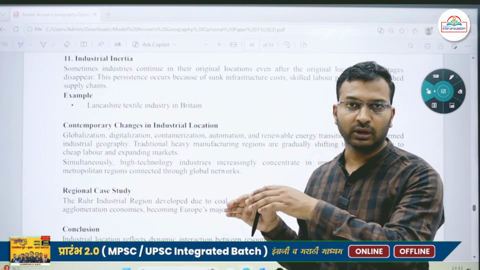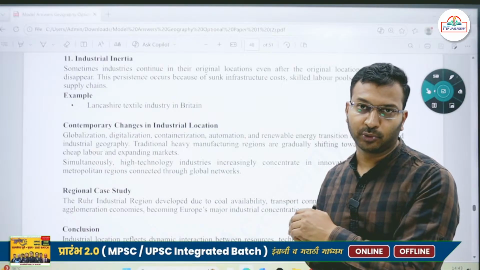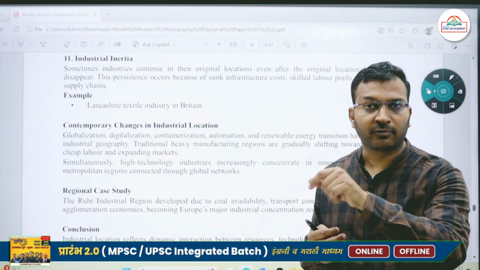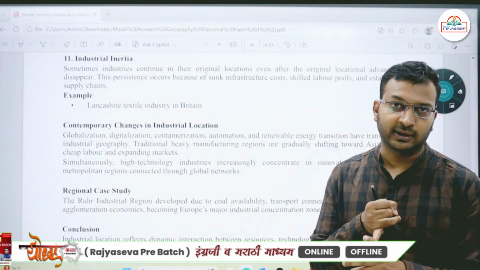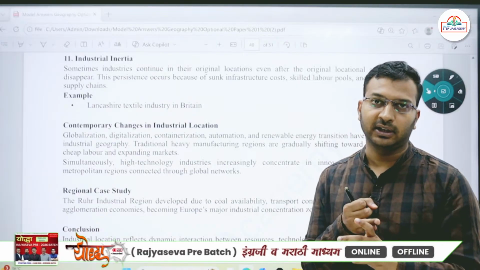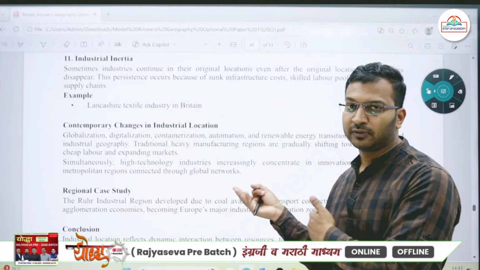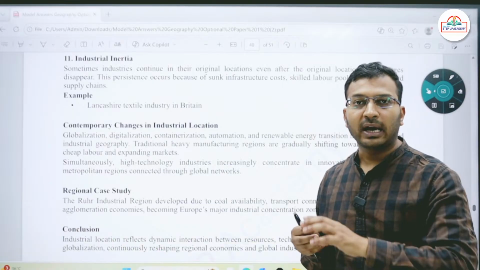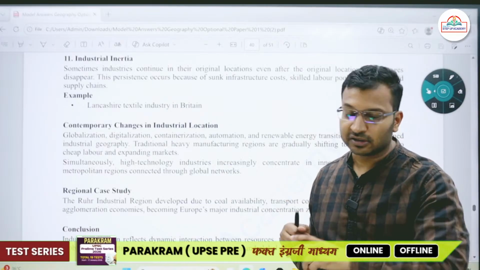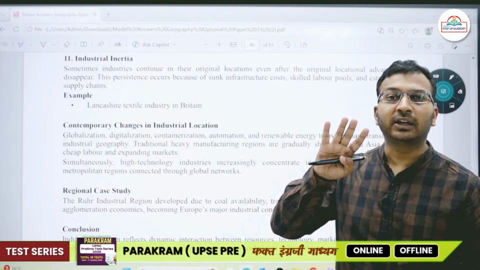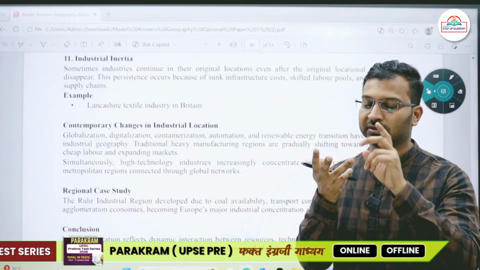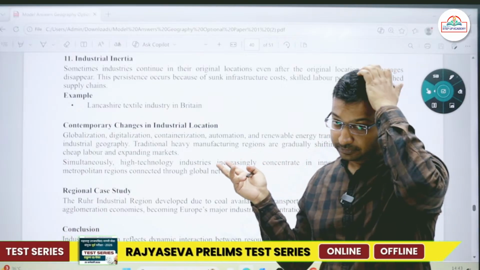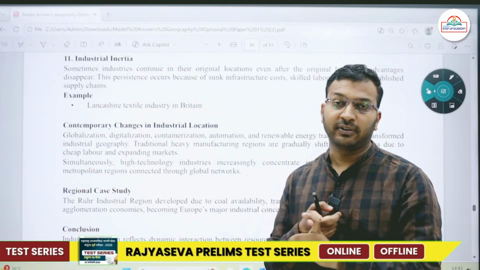Multimodal hubs have been developed there: road connectivity, waterways connectivity, and even flight connectivity is now being developed. Railways is already present there. So we have railways, ships, roads, and air connectivity.